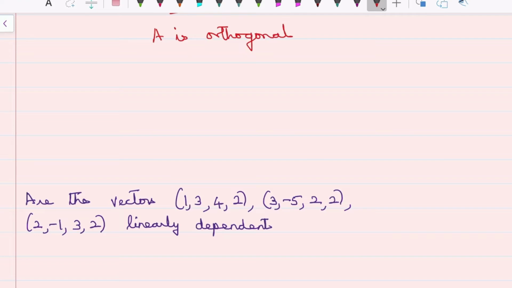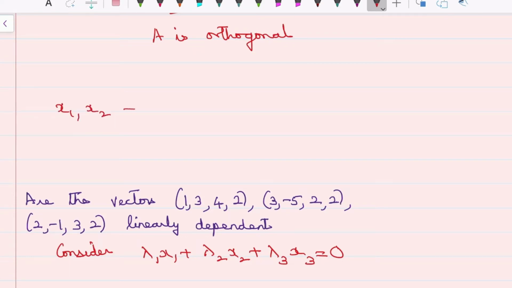Coming to the next question, are these vectors linearly independent? Now, to check if vectors are linearly independent, what we do is we consider lambda 1 x1 plus lambda 2 x2 plus lambda 3 x3 equal to 0. First of all, when do you say that x1, x2, xn are linearly independent?